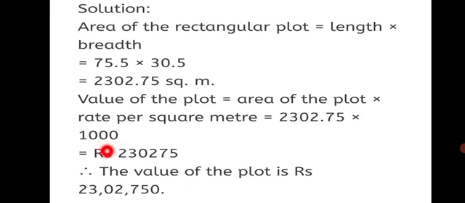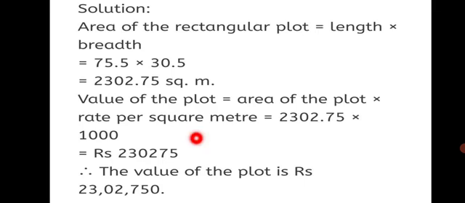This is equal to 2,30,275. Okay, so this way we have got the answer that the value of the plot is rupees 23,02,750 rupees.